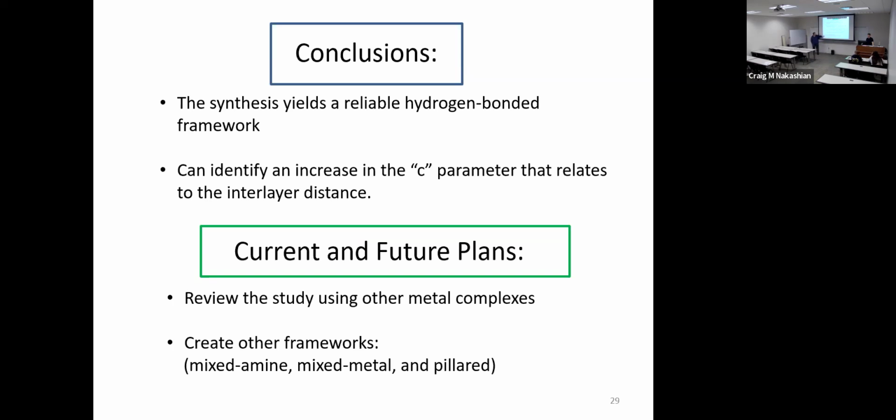And then we can also look at creating other frameworks, some mixed amines. Can we change out the 2 amine molecules? We've seen they've always been the same. Can we have that phenethyl on top and then something else on the bottom? Don't know, it'd be interesting to find out. Mixing metals: can we have 2 different metals inside of our framework?